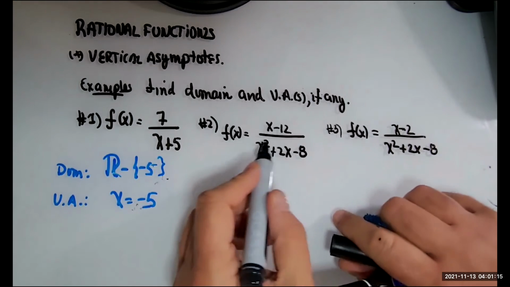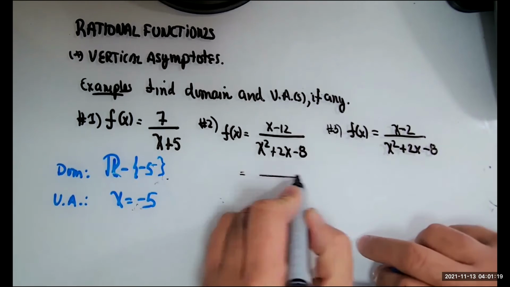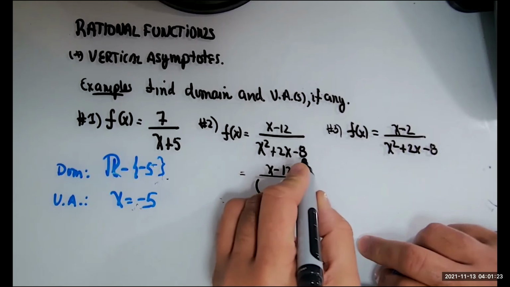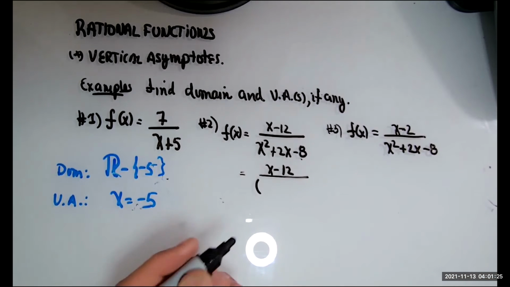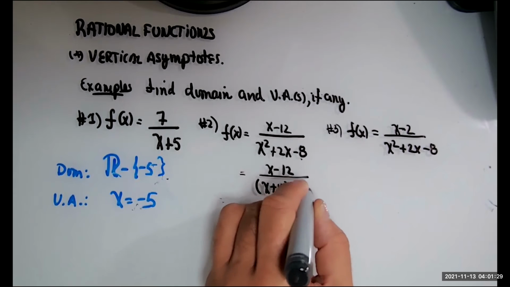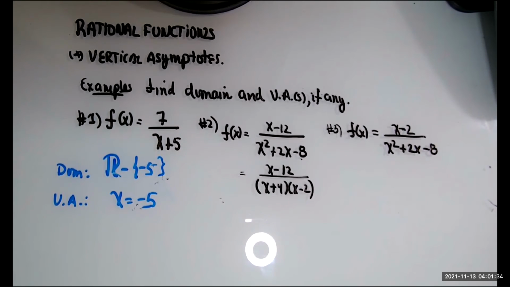How do I find the domain? Well, first of all, we have to factor the denominator. So this is x minus 12 over factors of -8 that give me +2, perhaps x plus 4 times x minus 2. Plus 4 minus 2, that's +2. Okay?